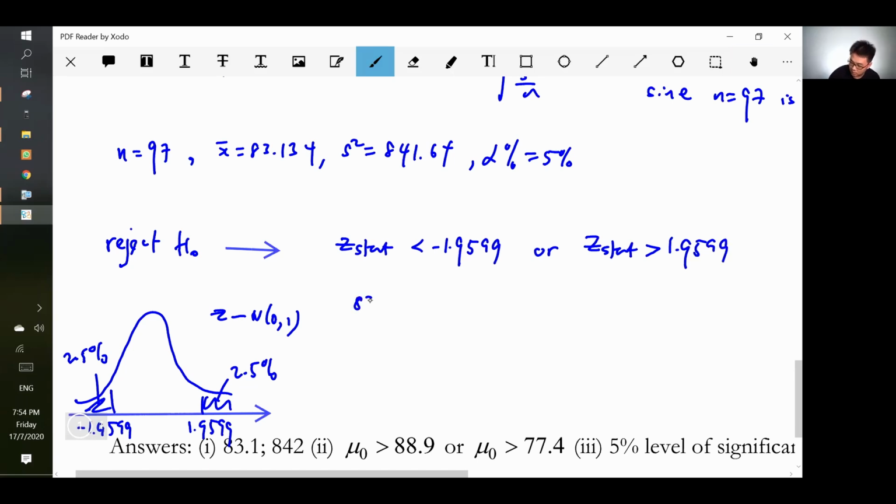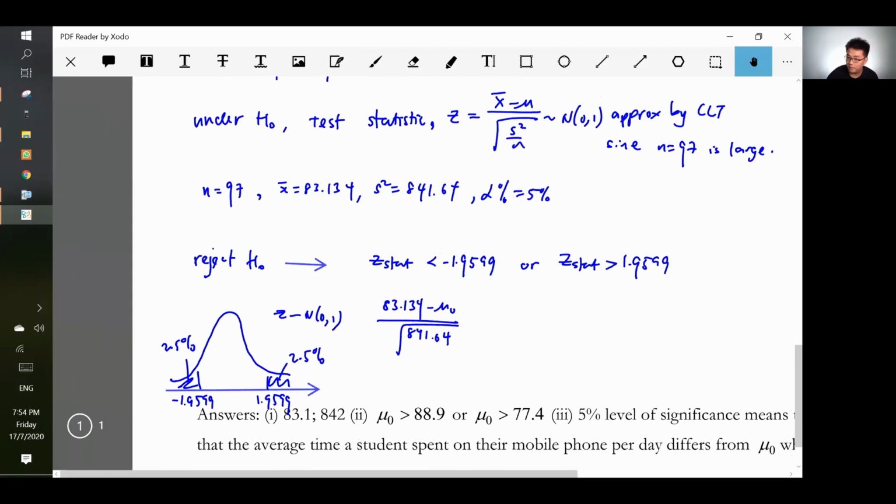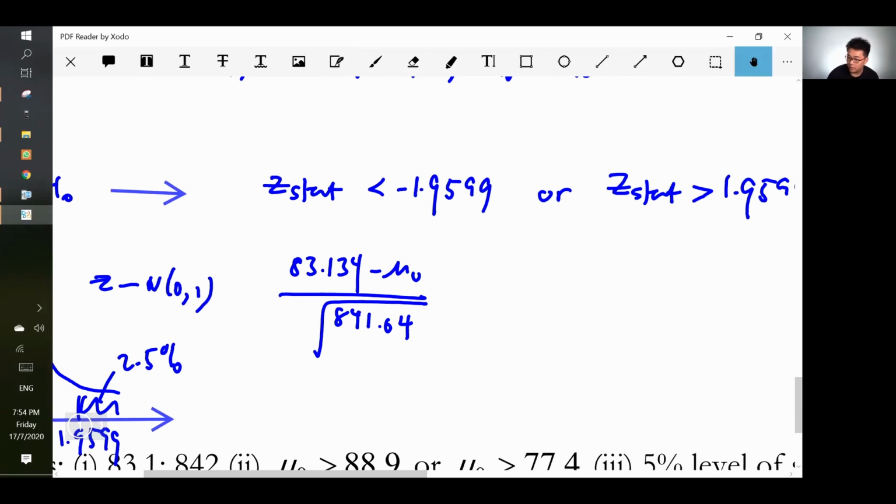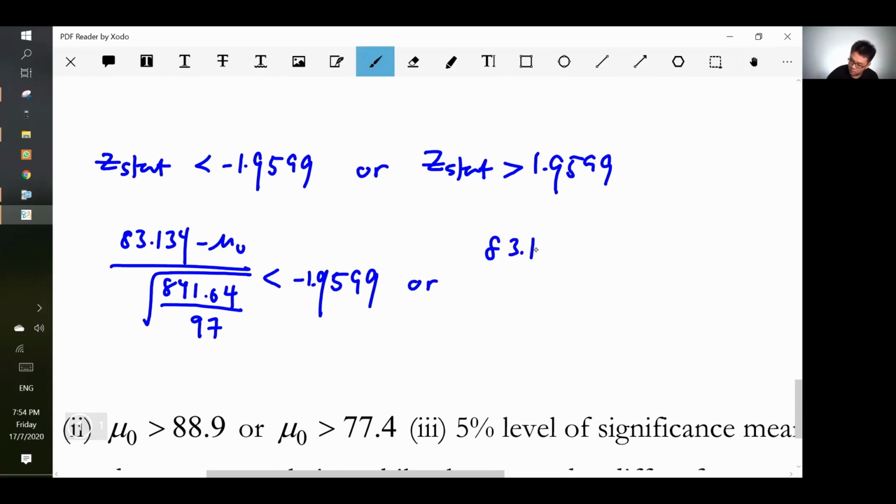So you just use your calculator, minus mu naught and just solve for this inequality. Over 97 less than minus 1.9599 or 134 over 841.64.